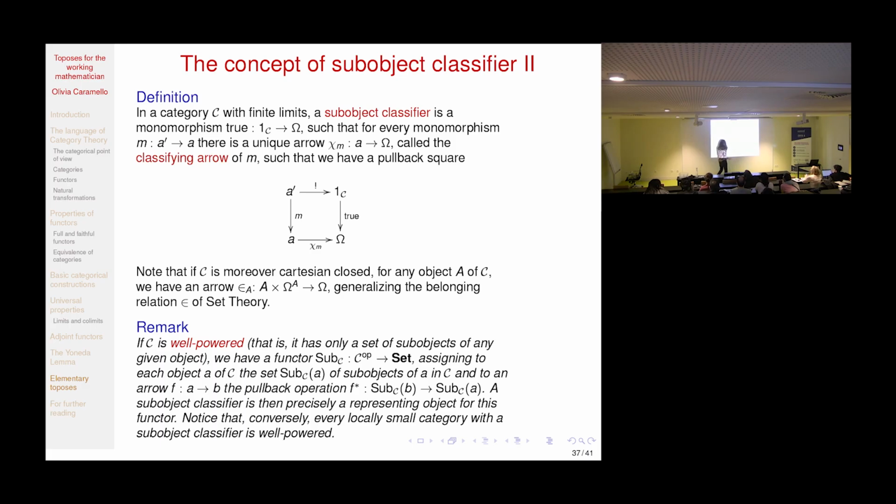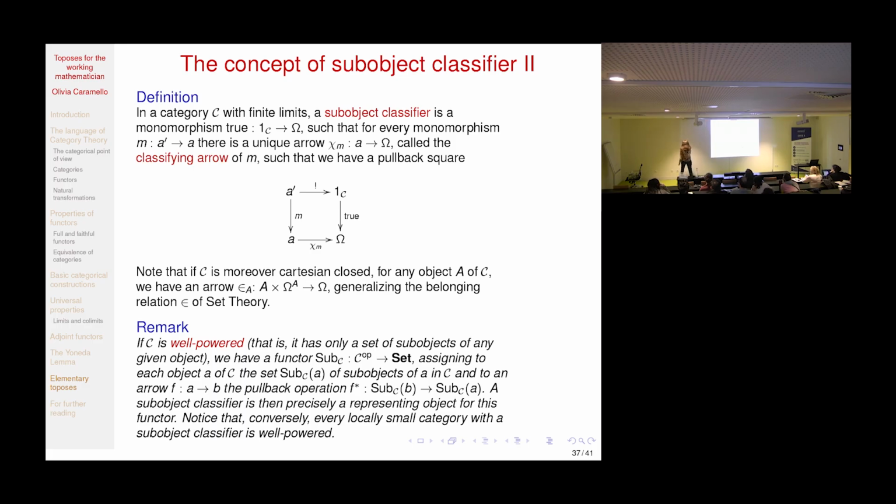So if you have an arrow from A to B, and you have a subobject of B, you can pull it back along F to obtain a subobject of A.